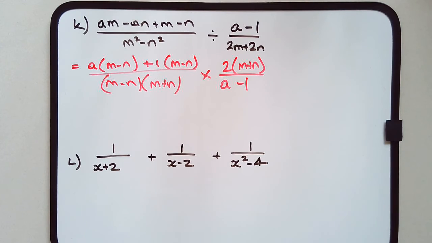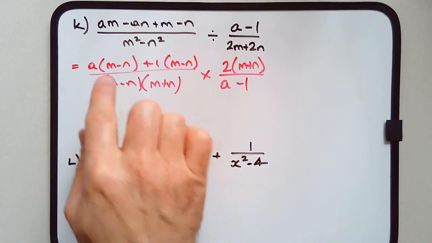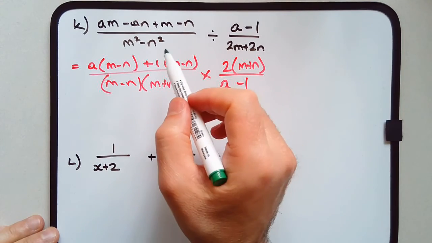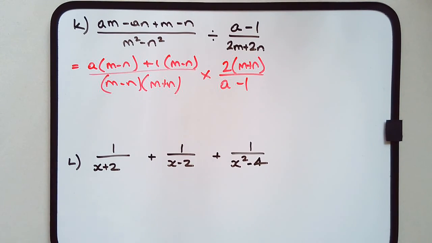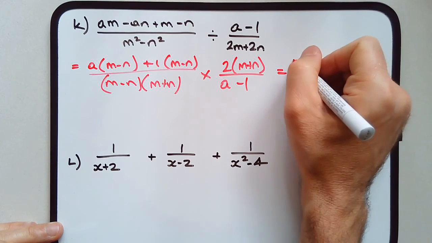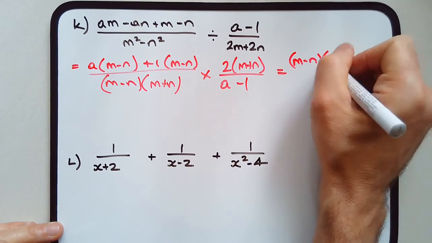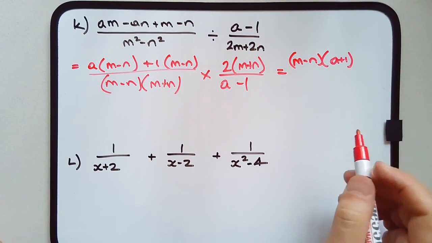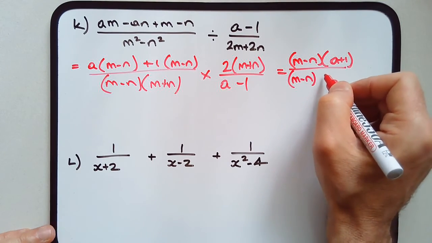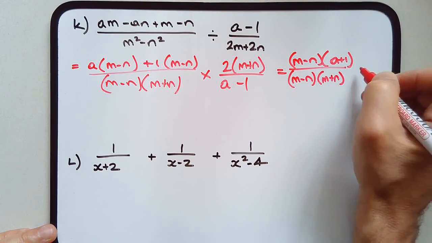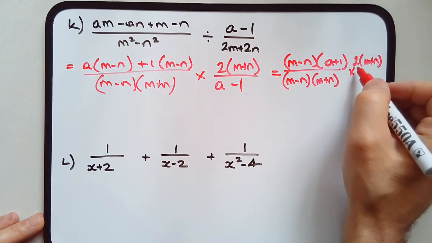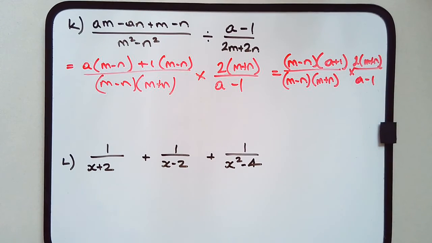Yes, we can, and we can certainly cancel out m minus n there. Okay, so in fact, before I do that, I might just write it here as well, just to save a bit of space. I can take out m minus n, and we have a plus 1, okay, over m minus n, m plus n, multiplied by 2 outside of m plus n over a minus 1.